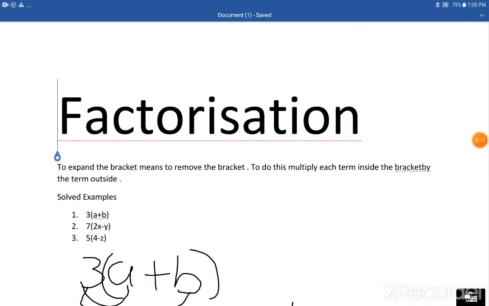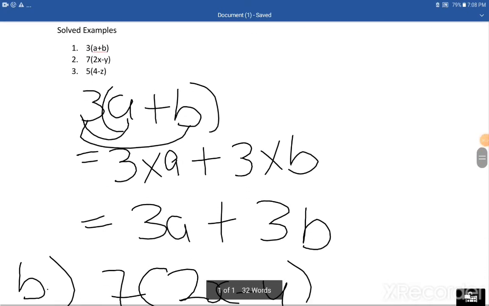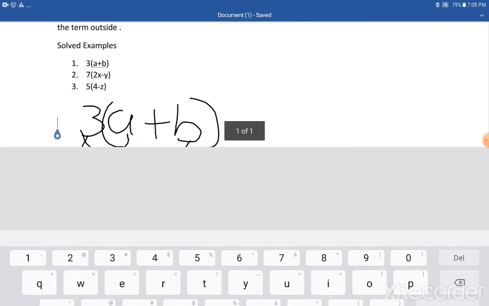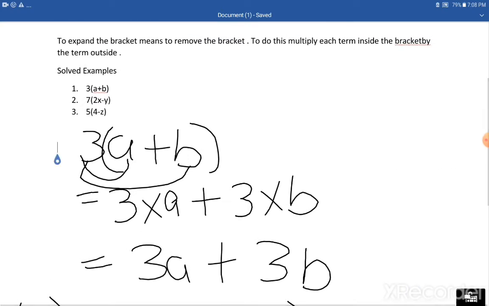Okay guys, the first question that I solved is 3a open bracket a plus b close bracket. Basically, how to solve this is that a bracket simply means you have to multiply the number outside by the number inside.